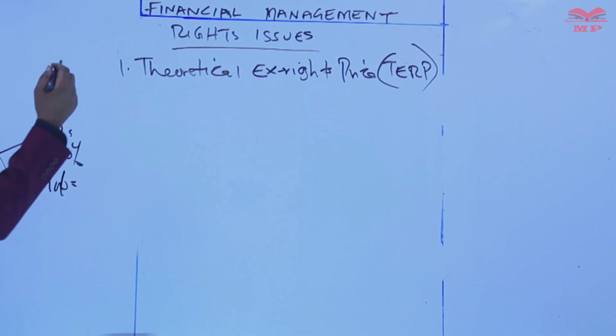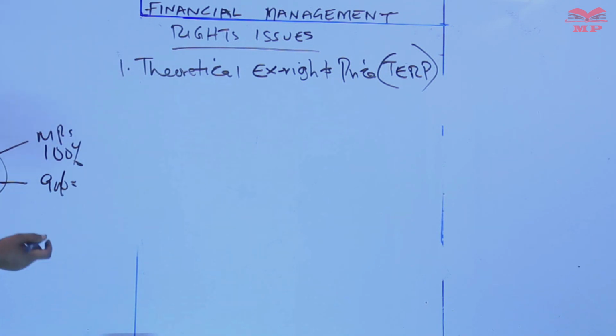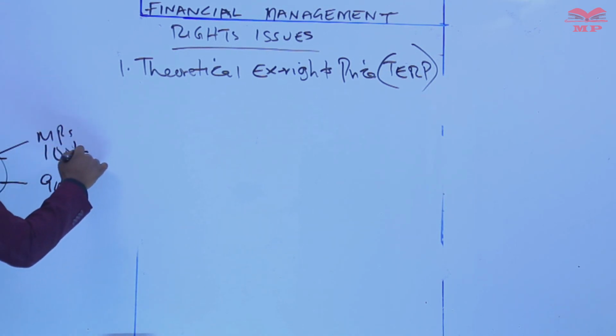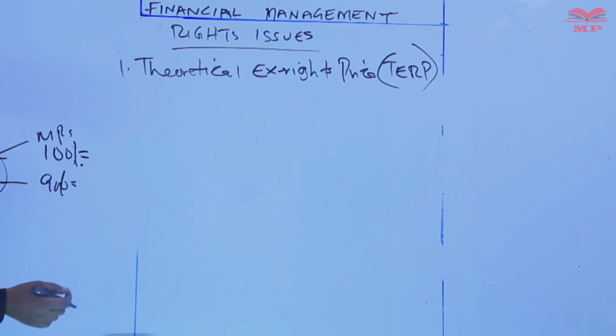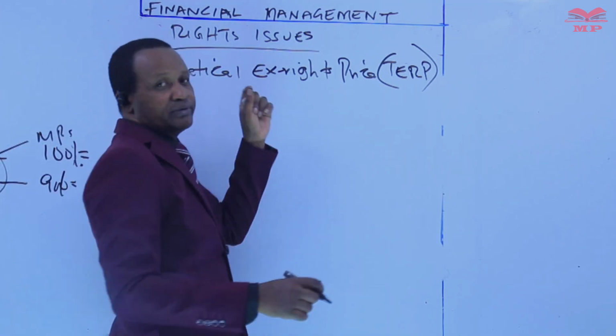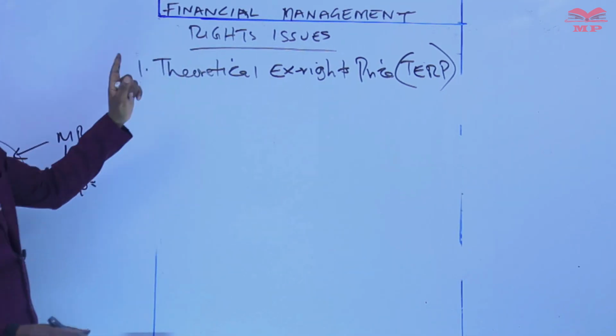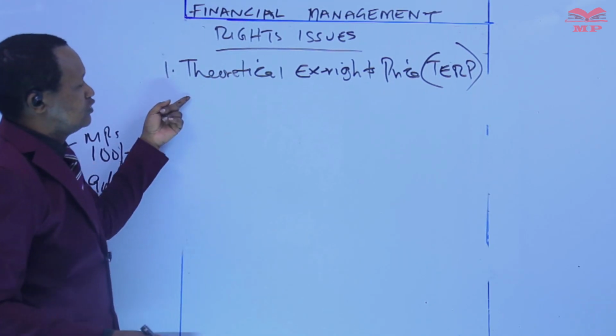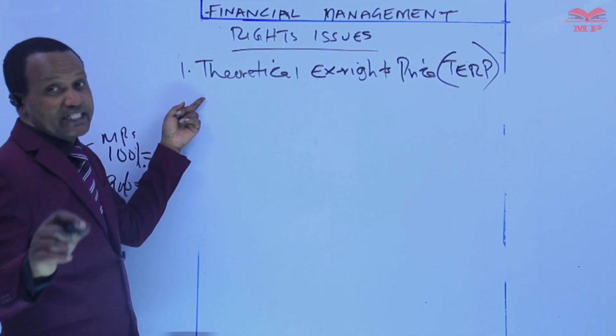So the theoretical ex-rights price is the expected market price of the share after the rights issue. Before the rights issue, it is 100 shillings per share. So that price after the rights issue is completed is what we are referring to, the theoretical ex-rights price. So in valuing rights issues, first of all, we are to determine the theoretical ex-rights price.